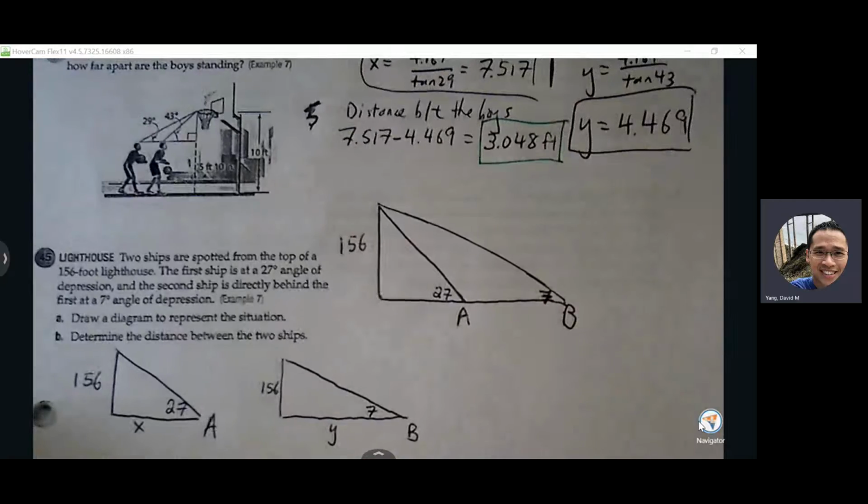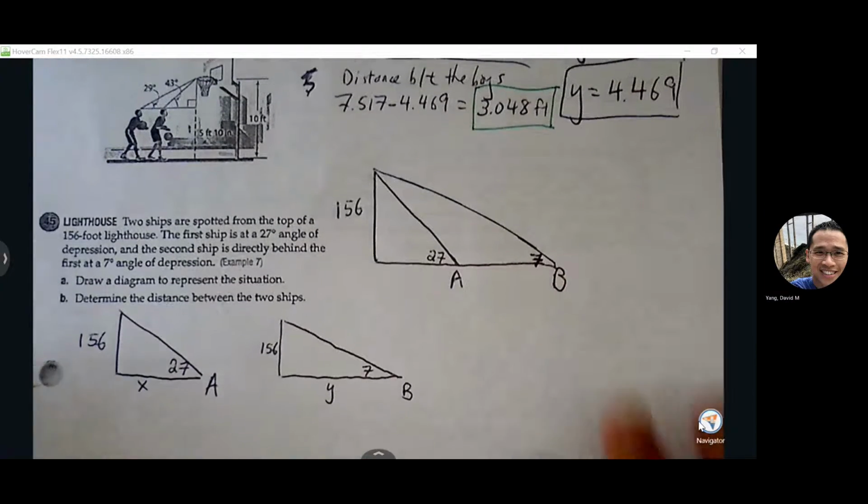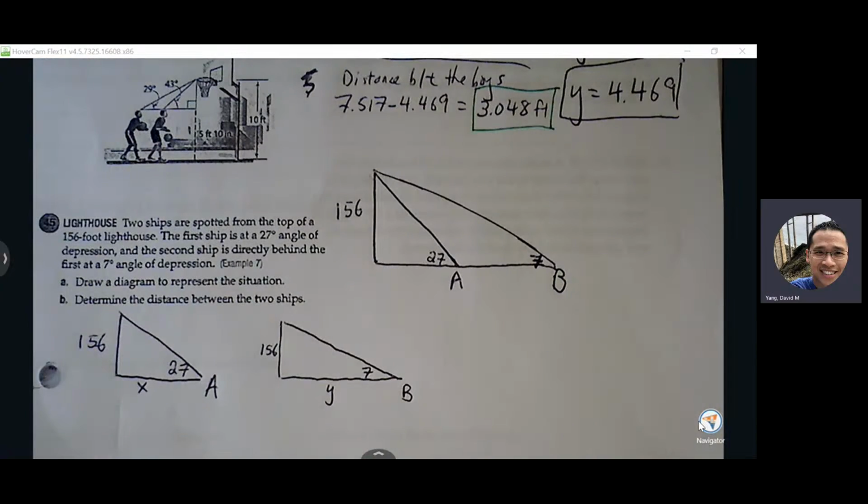So virtually the same steps as before. Find X, find Y, and then guess what we're going to do with them? Subtract them. Yeah, so try that.